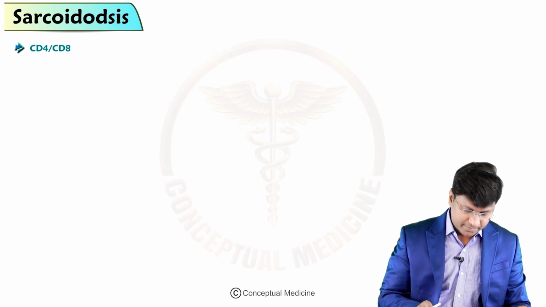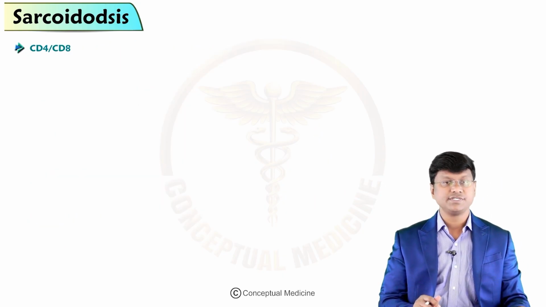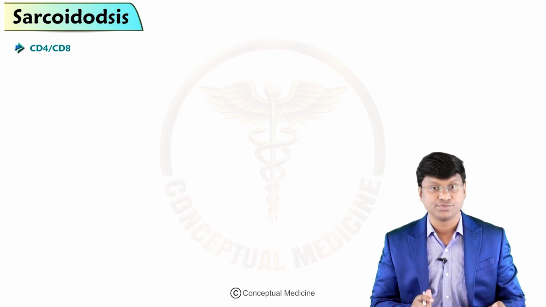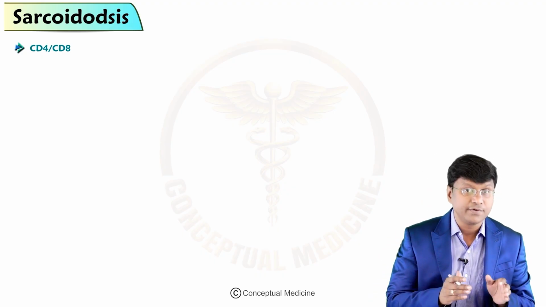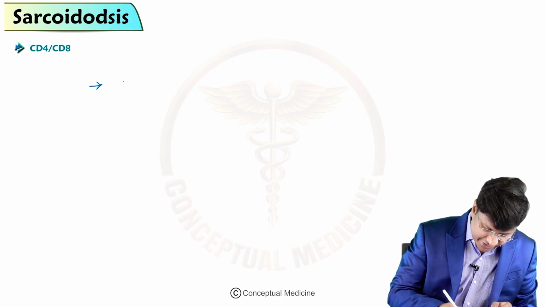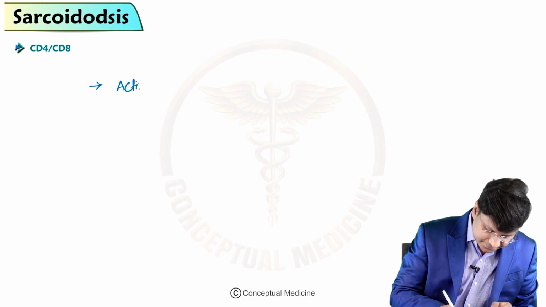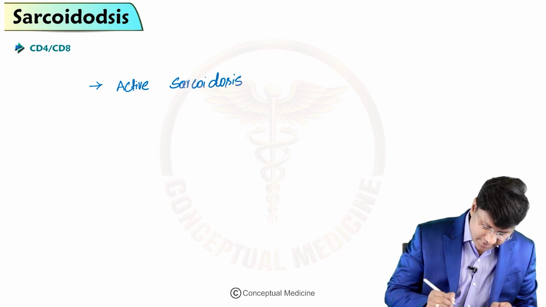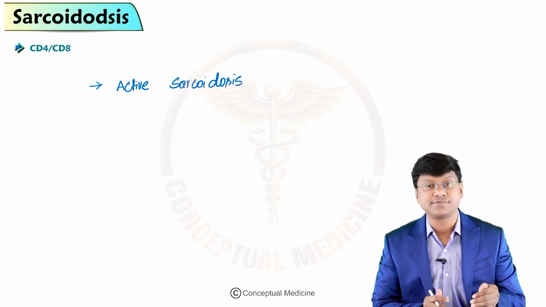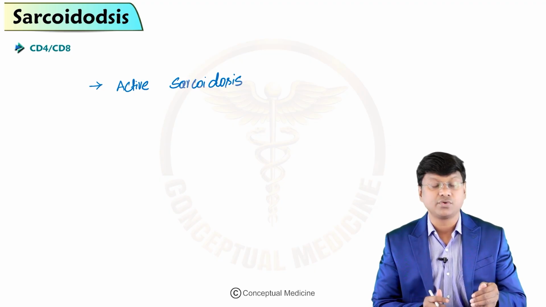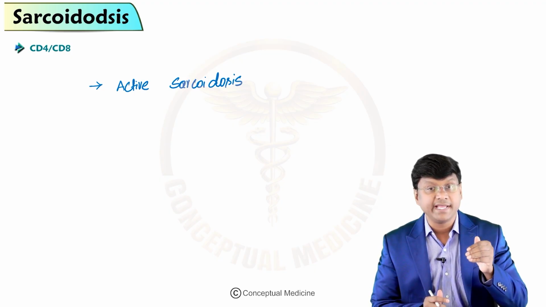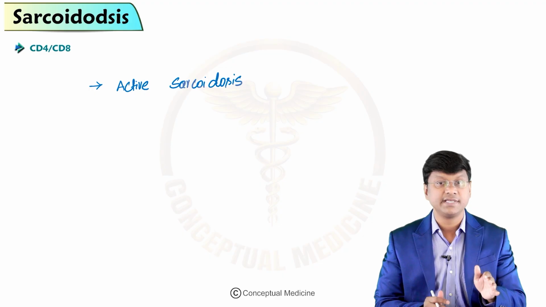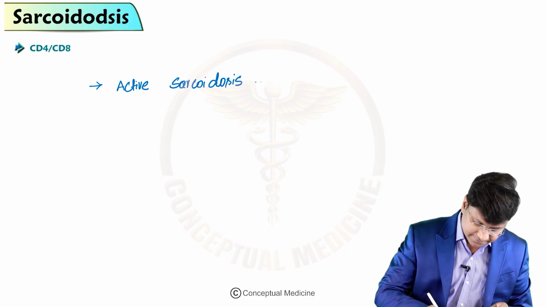Then, followed by that, another important investigation is the CD4 to CD8 ratio. Now, if you take a patient with active sarcoidosis, it results from an exaggerated cellular immune response.